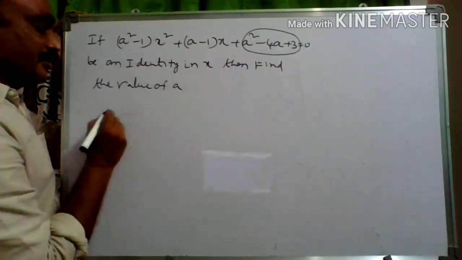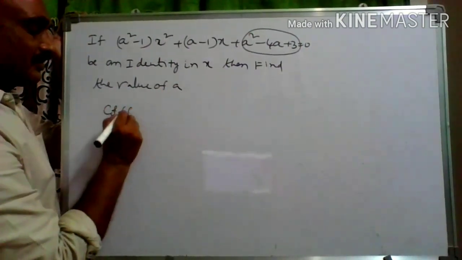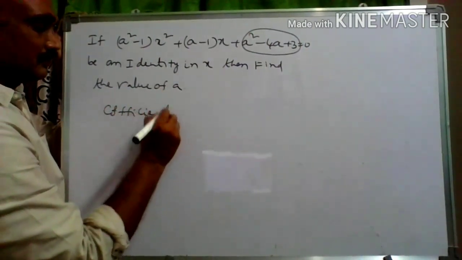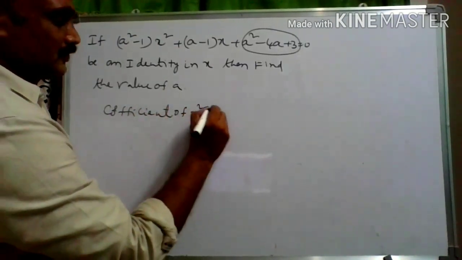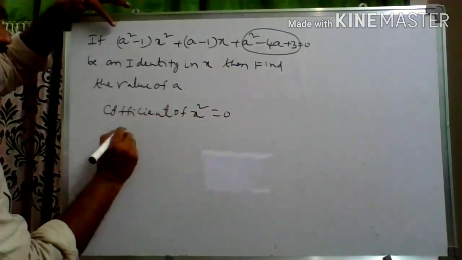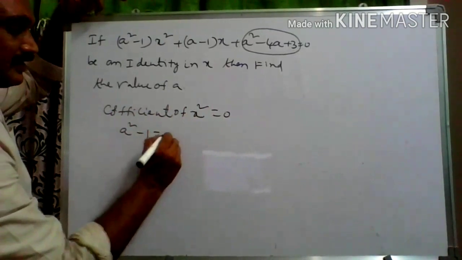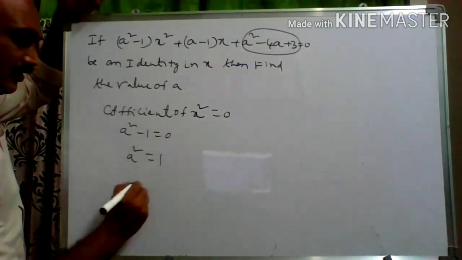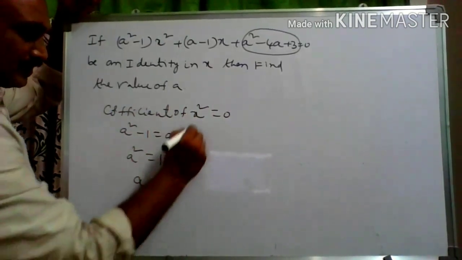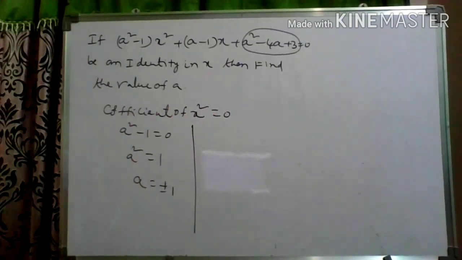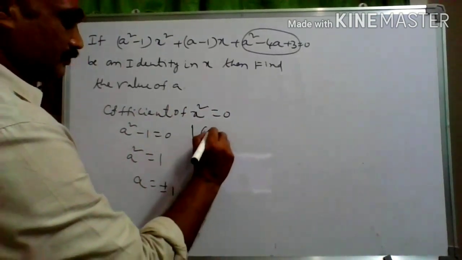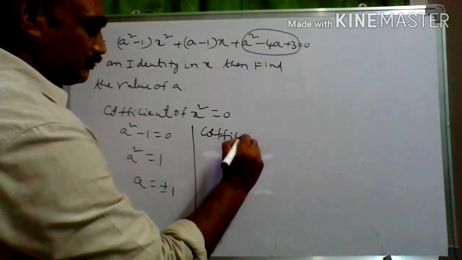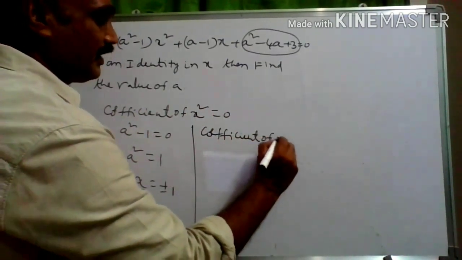Students, quadratic identity means coefficient of x square is 0. Here the coefficient of x square, a square minus 1, is equal to 0, a square is equal to 1, a is equal to plus or minus 1. Next, students, coefficient of x is 0.